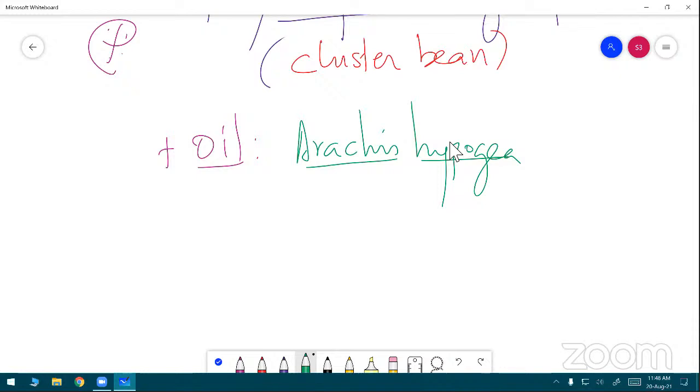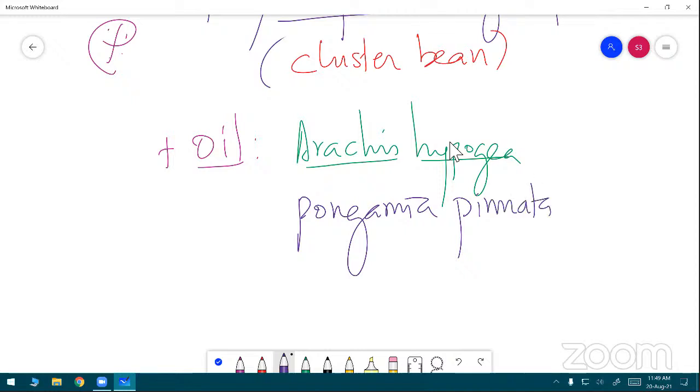The kernels contain a large amount of protein and oil. Actually, oil is extracted from the plant, which is used for making soap, and mostly it is used for food preparation, right? Due to the presence of oil. And one more plant, Pongamia pinnata.